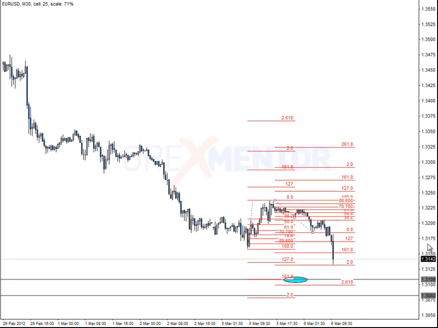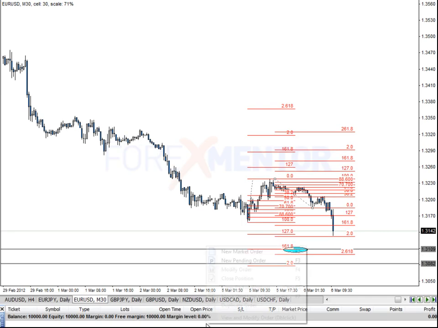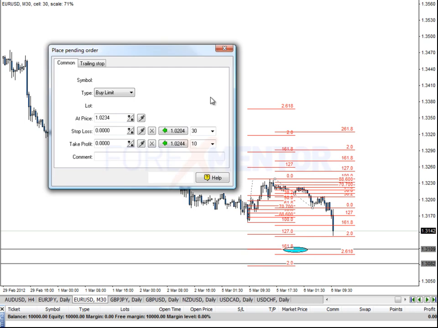So what I'm going to do here is go to the order tab, new pending order. I'm going to buy limit, and you can see here 3109, and I'll add the spread plus a few pips. So let's go in at 12.